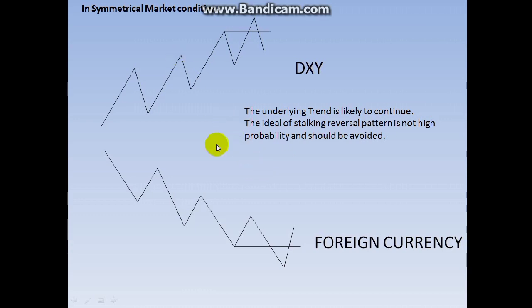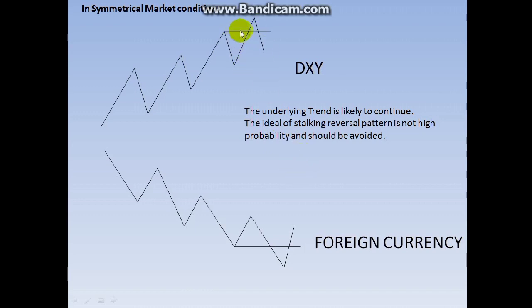In a symmetrical market condition such as this, we are not trying to say the market cannot reverse. What I'm trying to say is that the probability is not high. The probability is low for the underlying trend to change.